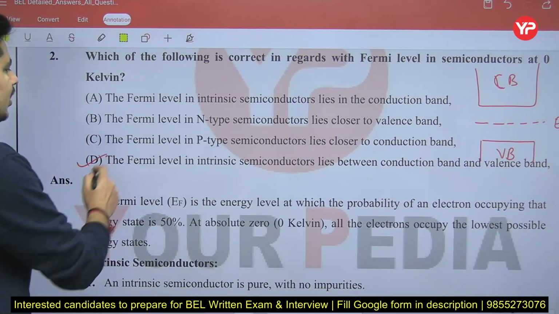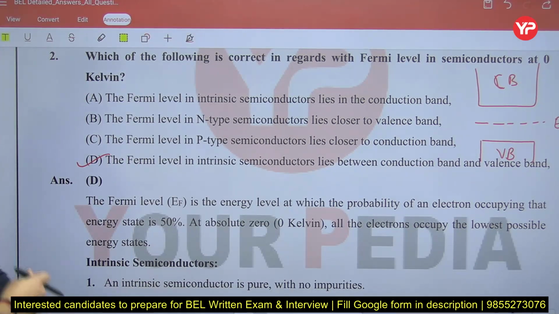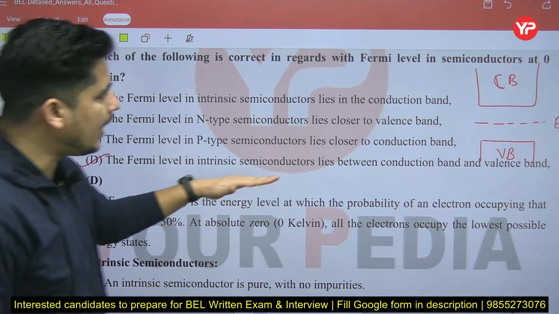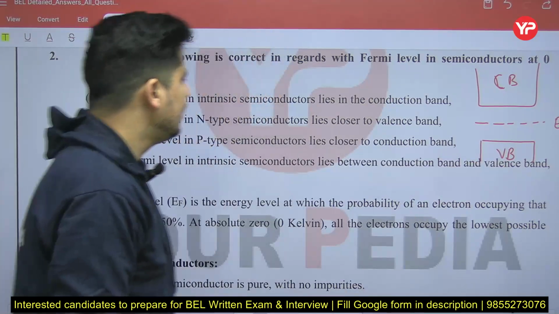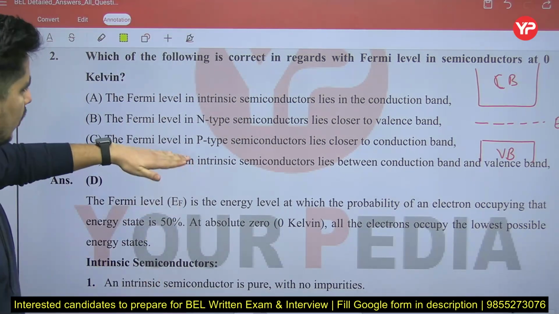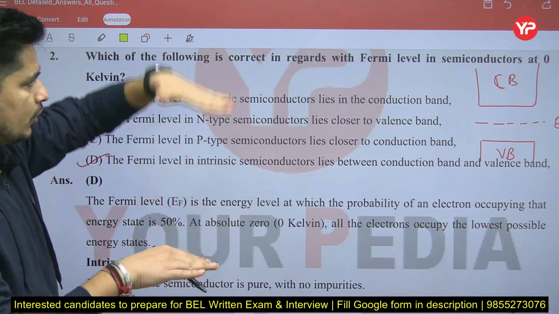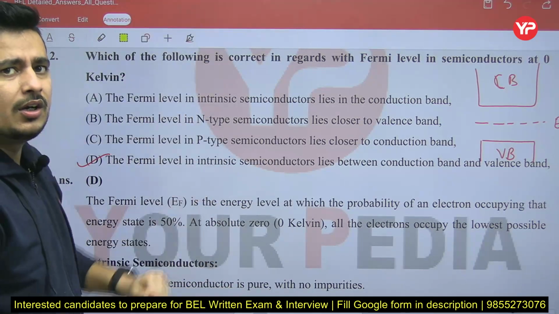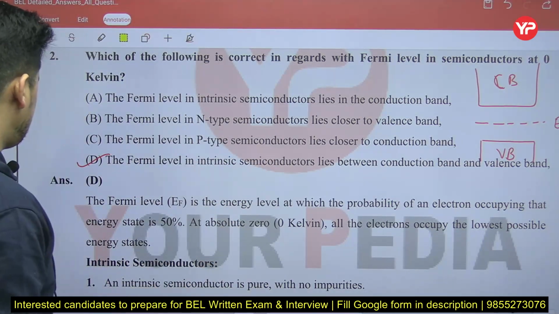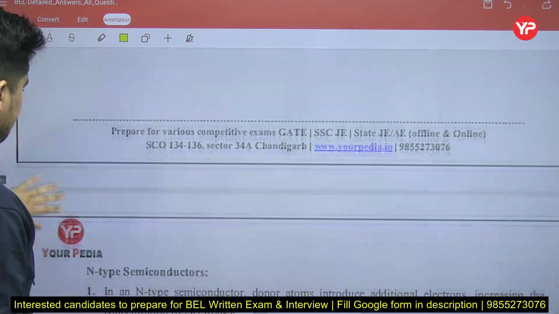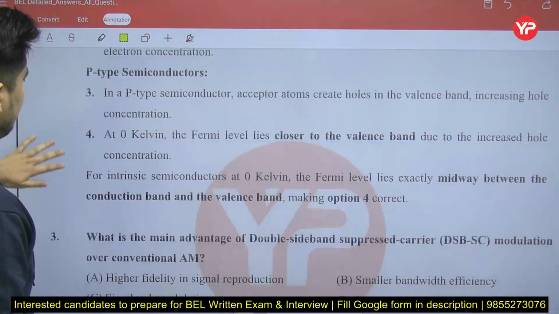So what is the answer? D is the answer. The Fermi level in an intrinsic semiconductor lies between the conduction band and the valence band. It is not lying on the top, not lying on the bottom.